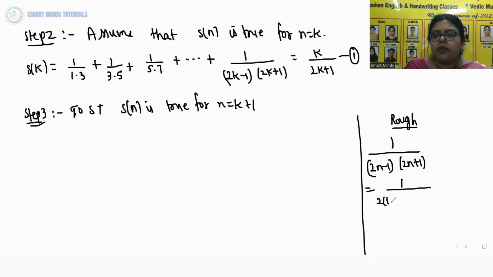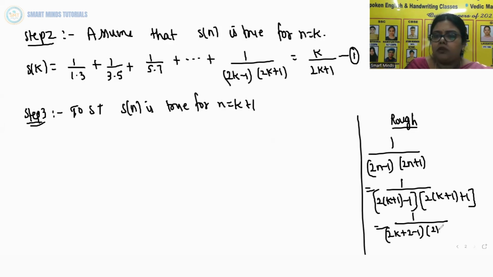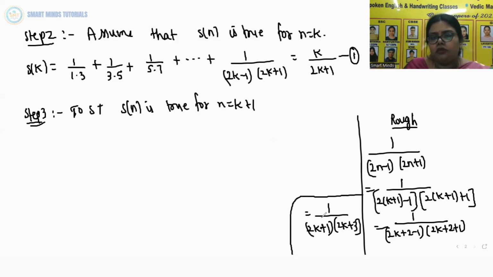So 2 into k plus 1 minus 1 in one bracket, and in the other bracket, 2 into k plus 1 plus 1. So that will be 1 by 2k plus 2 minus 1 and then 2k plus 2 plus 1. So that is 1 by 2k plus 1 into 2k plus 3. So this is the value with which we have to add on both sides.